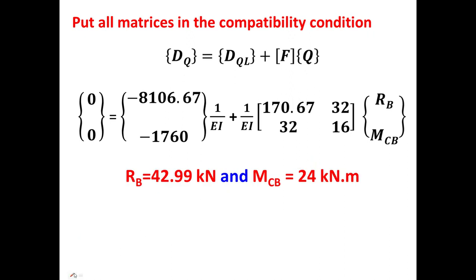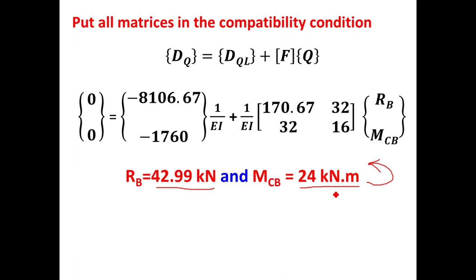The first unknown, RB, has a value of 32.99 kilonewton. You can take it as 33 kilonewton. The second unknown is the moment MCB. Its value is 25 kilonewton meter. The answer is positive, meaning it is an anti-clockwise moment. Okay, so these are the final static unknowns by using the flexibility matrix method.